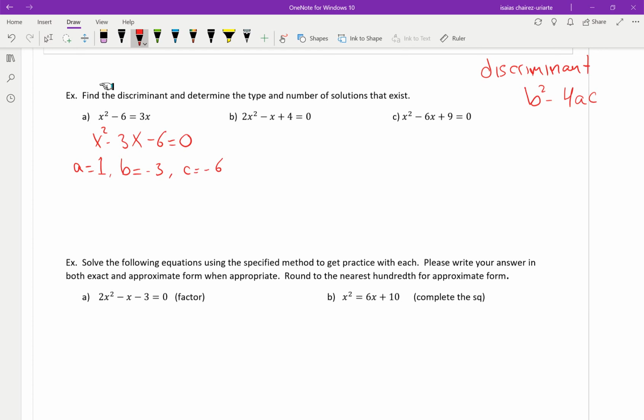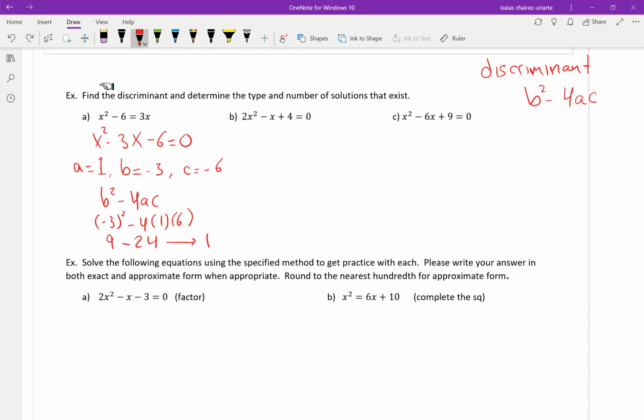Okay, so let me compute the discriminant. b squared minus 4ac, so that's (-3) squared minus 4 times 1 times (-6)... Okay, that's 9, 9 minus 24, that's going to be what? -15.